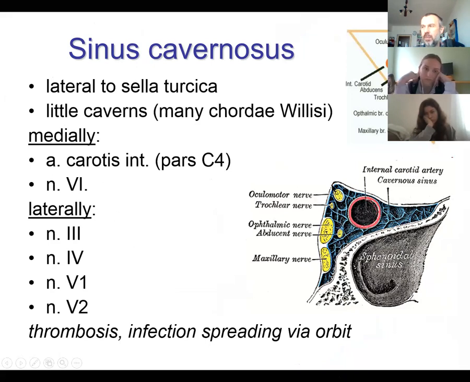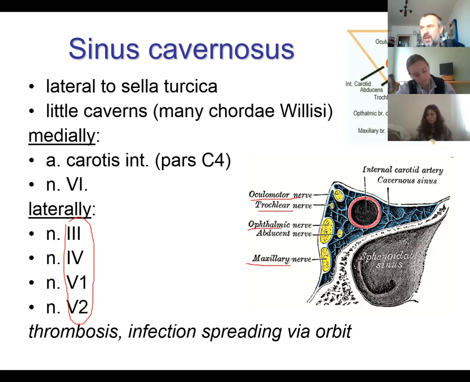But what is clinically important is that in the lateral wall, we have the nerves, and laterally we have these 4 nerves: oculomotor, trochlear, and ophthalmic, and maxillary. And inside we have the abducent.